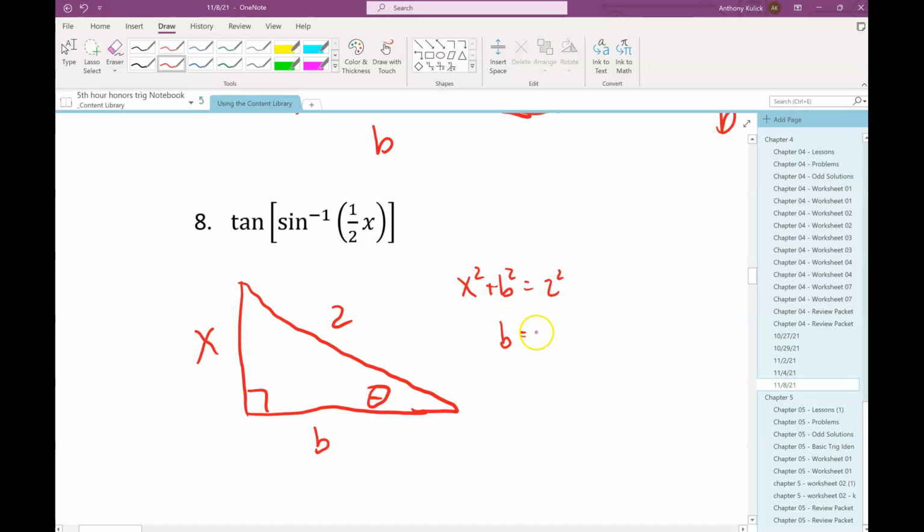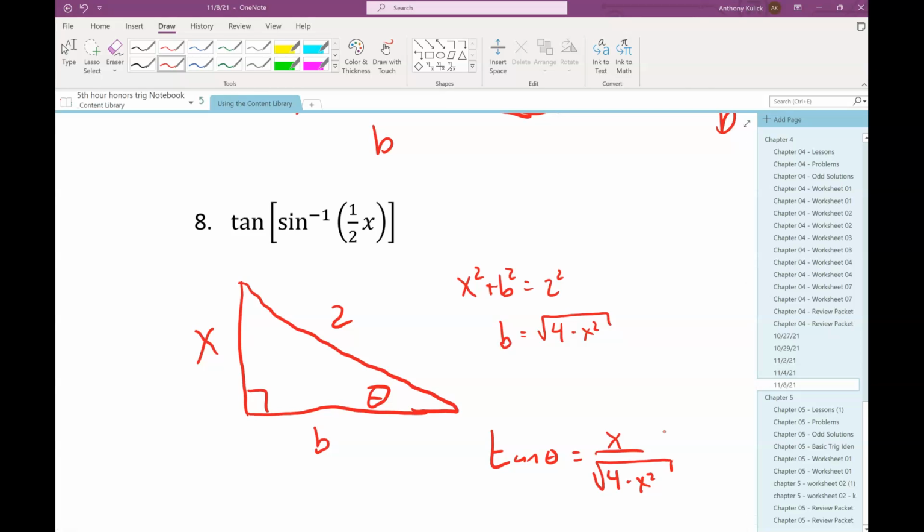So b is just going to be the square root of 4 minus x squared, right? Tangent theta is opposite over hypotenuse.